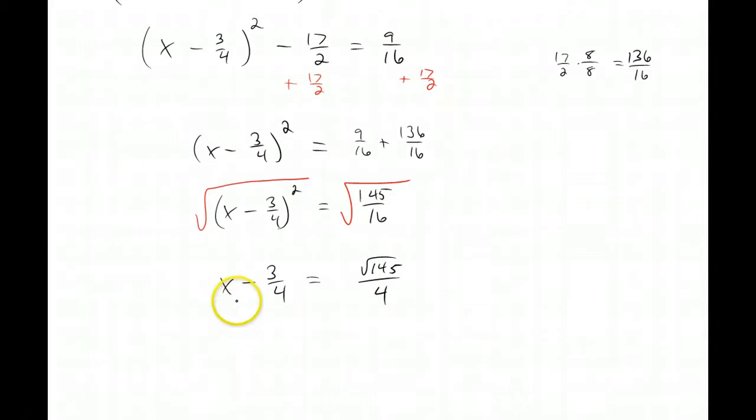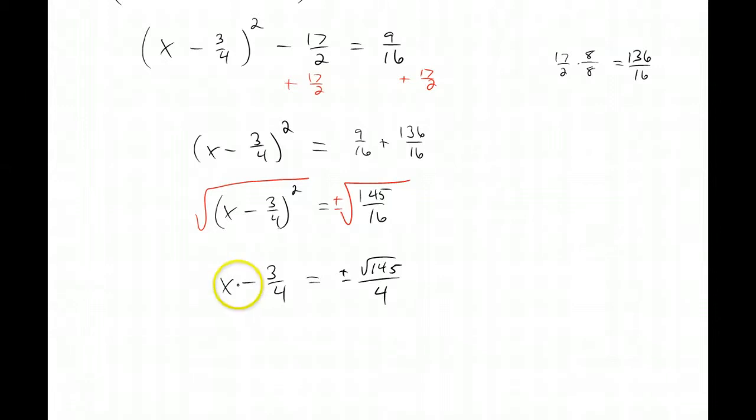Then the final answer we're going to get by just adding 3/4 to both sides of the equation. I'm sorry, I left out a little detail here. Whenever you take the square root of something, you actually want to do the positive and negative square root of something. So we are actually going to have a plus and a minus on that term right there. Almost forgot about it.